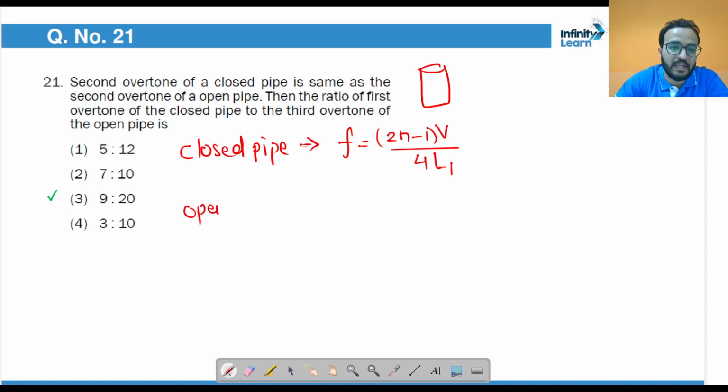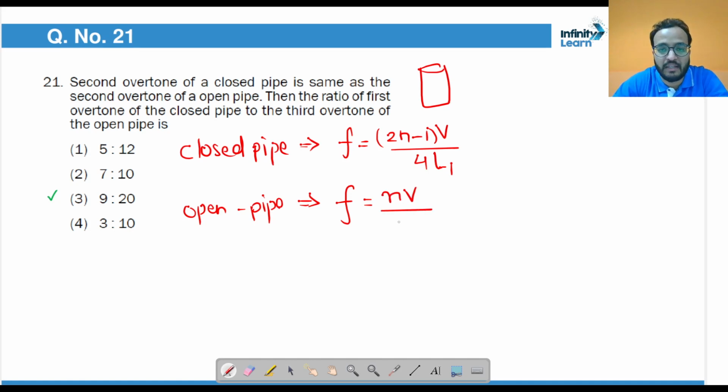And for open pipe, the frequency is nv by 2l2, right? Closed pipe is the first one, open pipe is the second one, let's say. So this is the open pipe. Do you understand? Now what they are saying is, what we want is second overtone.